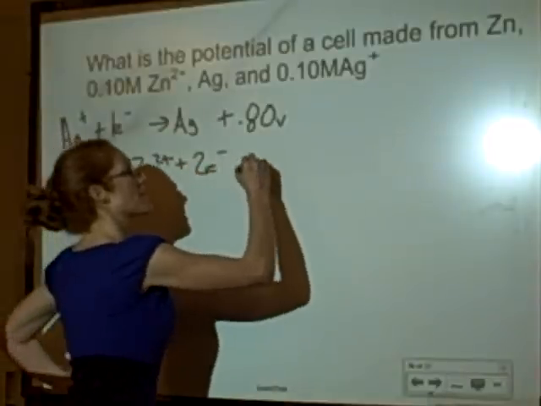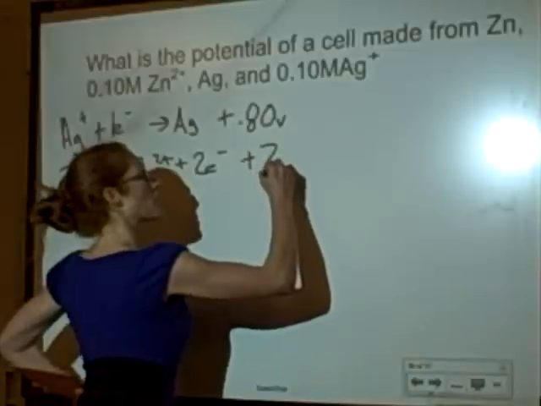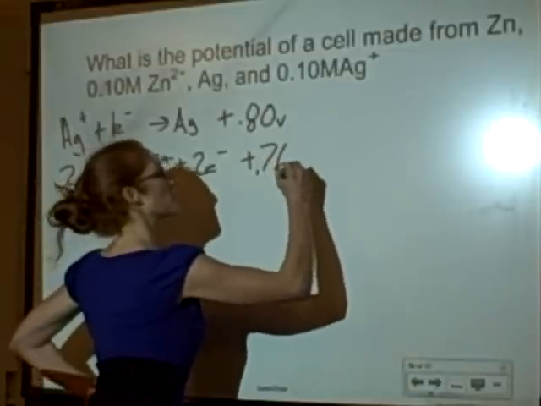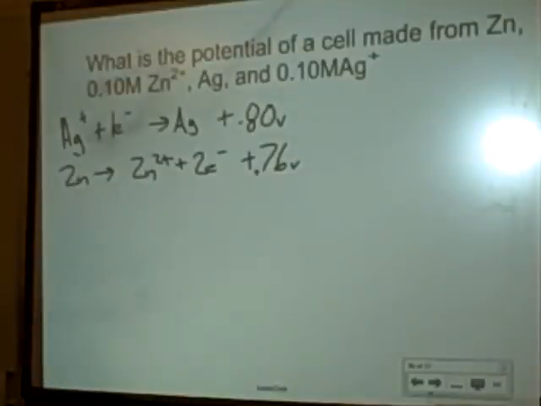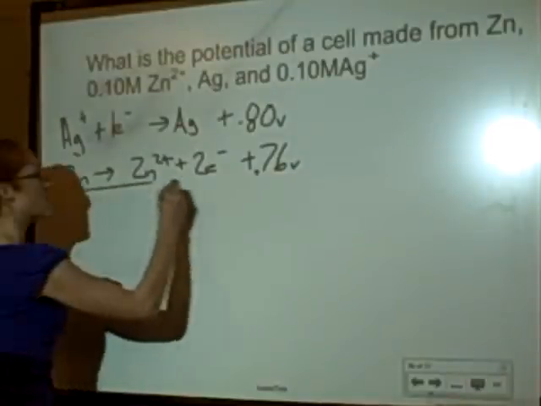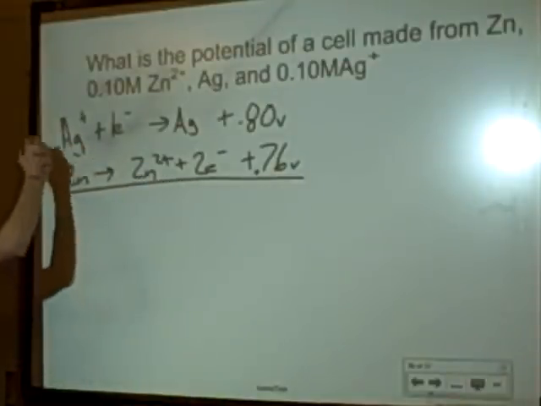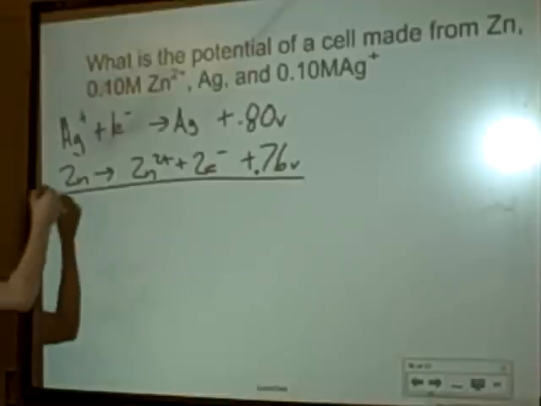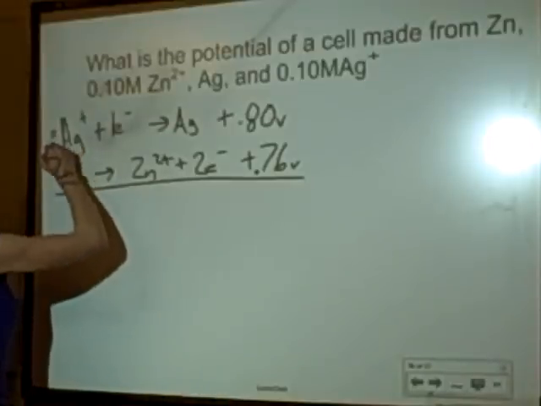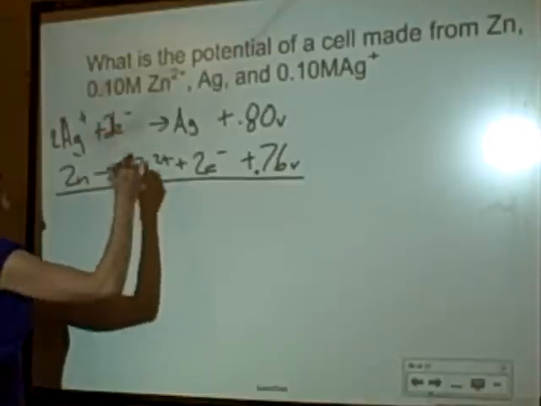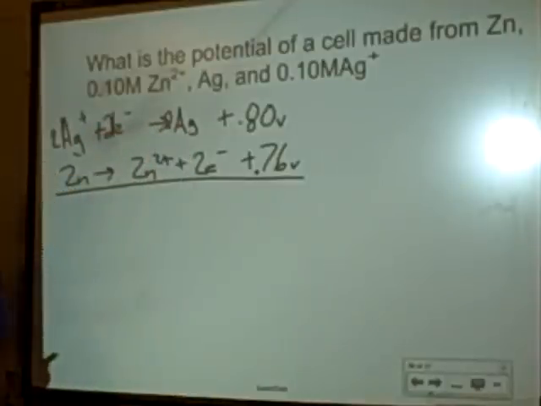And as that happens, it's now favored because I'm going the opposite direction. 0.76 volts, favored versus hydrogen. All right. So if I'm going to balance this equation, I can see that silver takes on 1 electron. Zinc gives up 2 electrons, so every time zinc gives up 2 electrons, I'm going to need 2 silver ions to take on 2 electrons to make 2 silver atoms.